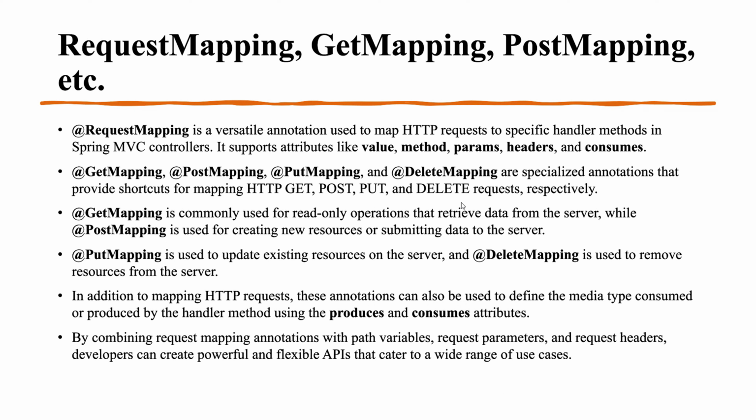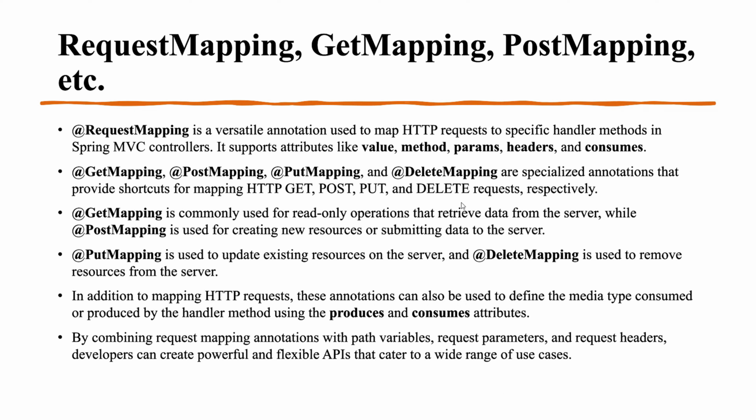Value and params are two things we already saw in the project. Value is used to get a particular string or something like that. Get mapping, post mapping, and the others resemble the get, post, put, and delete requests respectively.